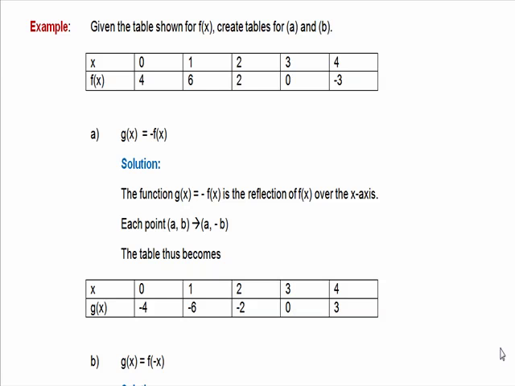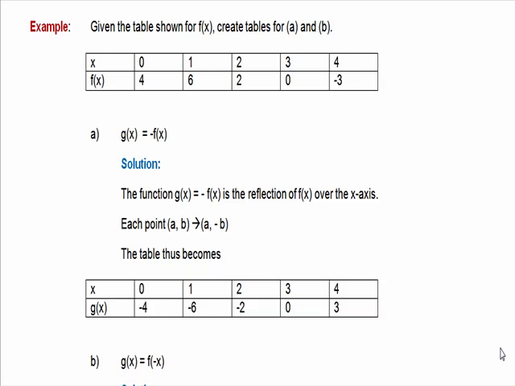Now remember, as we discussed, negative outside is going to affect the y's, so this is going to negate the y's. The function g(x) is actually the reflection of f(x) over the x-axis. Since it affects the y's and it's the reflection over the x-axis, each point (a, b) is going to become the point (a, -b).